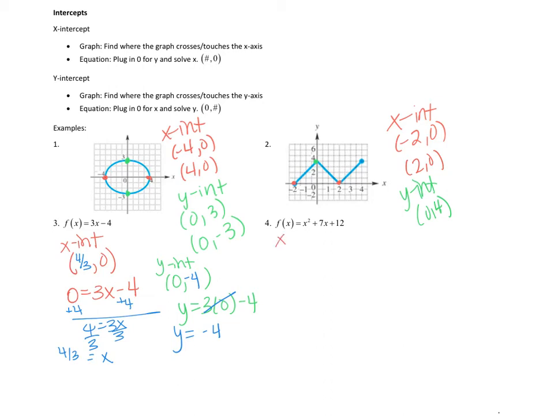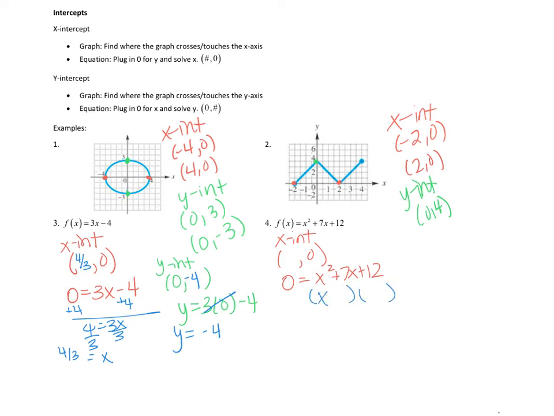To find the x-intercept, remember we said we're going to evaluate by making the y 0. So that means I'm going to say 0 equals x squared plus 7x plus 12. Since this is a quadratic, I can either solve by the square root property, solve by the quadratic formula, or factor. This one is going to be easiest to factor. We'd ask what multiplies to 12 and adds to 7.